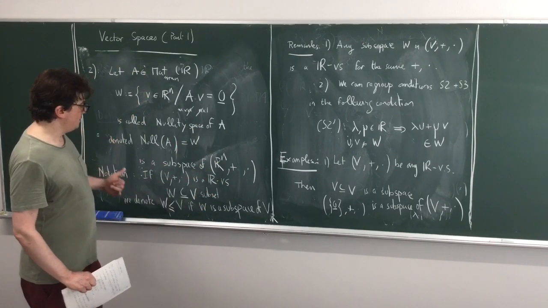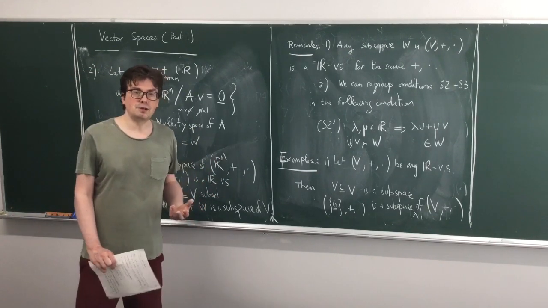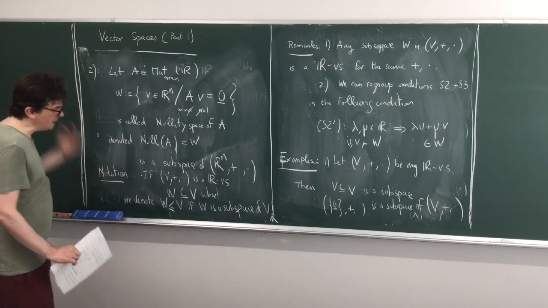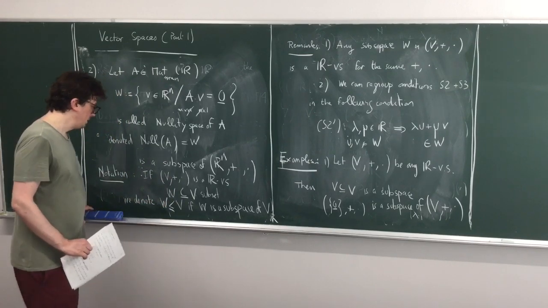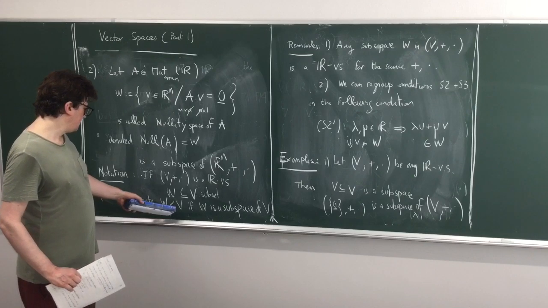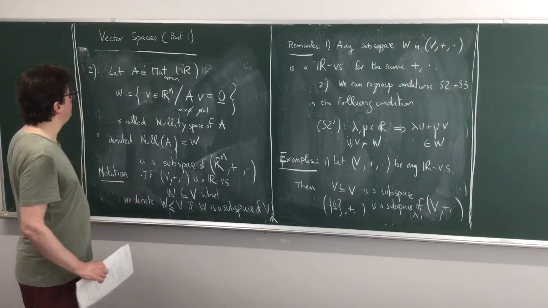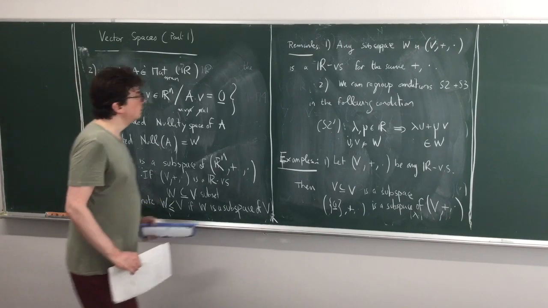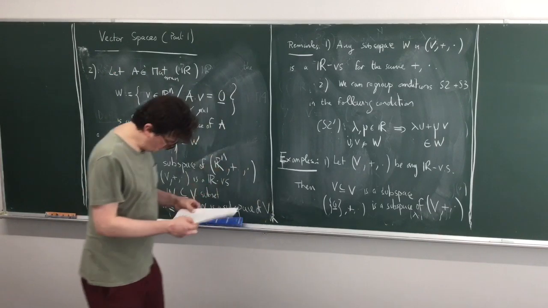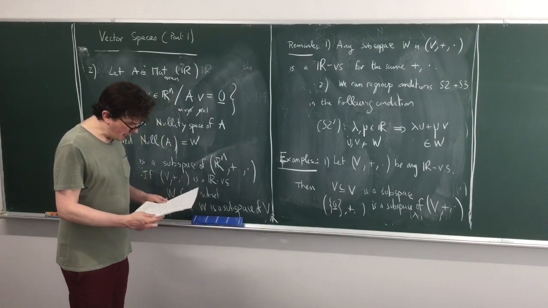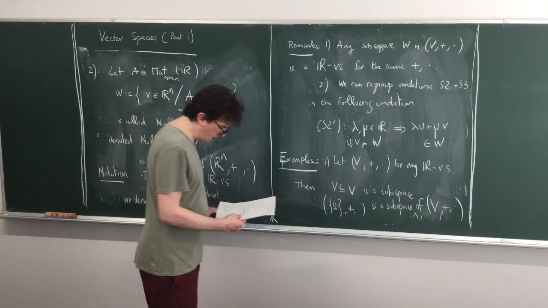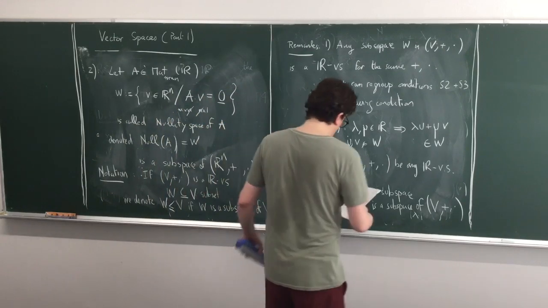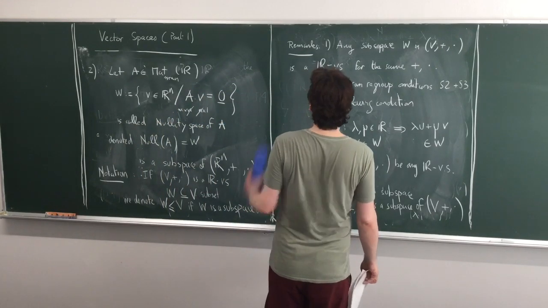A subspace is a subset with three conditions. So there are many conditions to a subspace. So we will use this symbol when we have a subspace. Here we have seen the null space, and let me give a couple more examples.